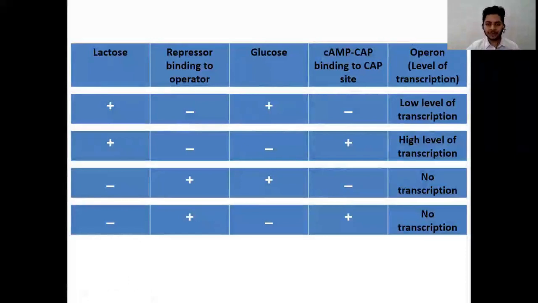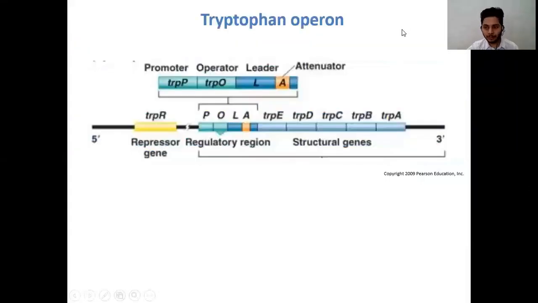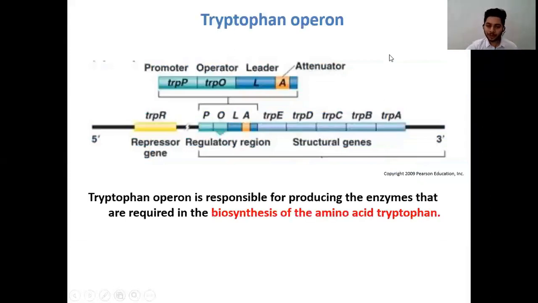Now that we have understood the lactose operon, let us go to another type of operon which is also very essential and which you need to study because it is part of the syllabus. That is the tryptophan operon. In this operon too, you have a series of structural genes.